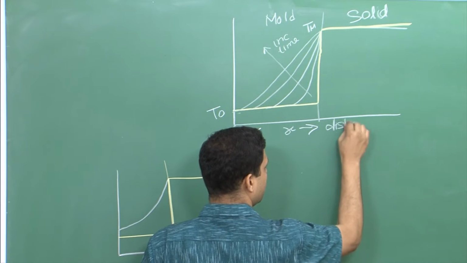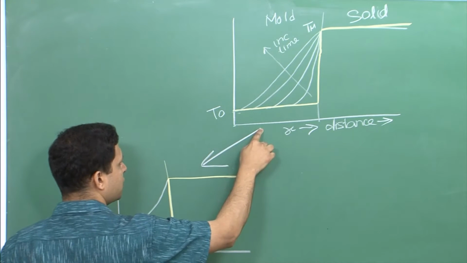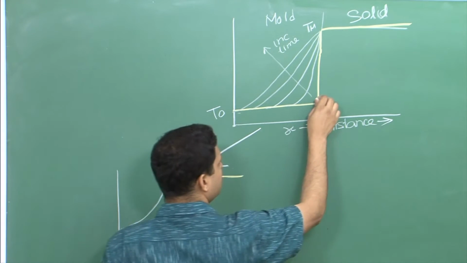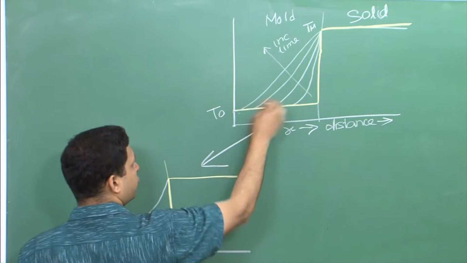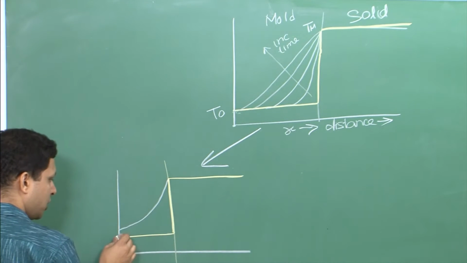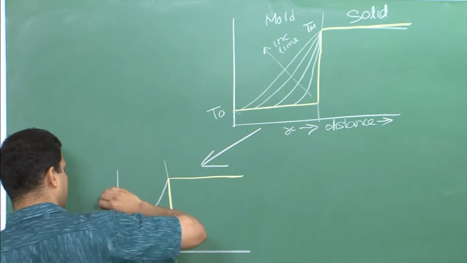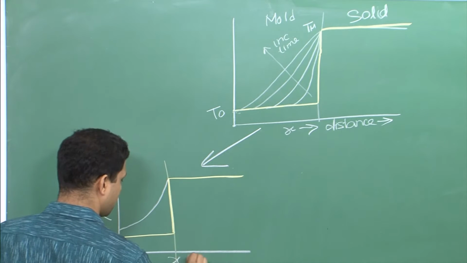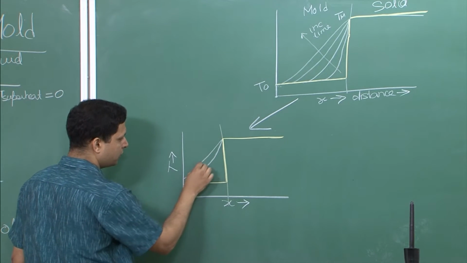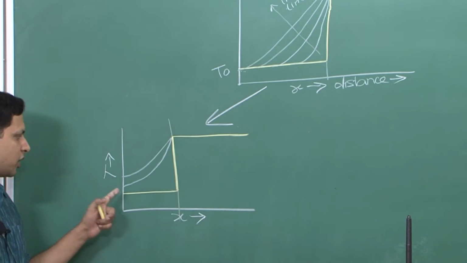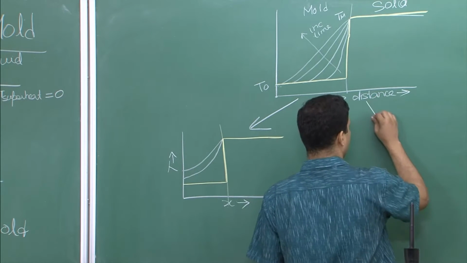I am sorry that I did not label it earlier, but you must remember that this is distance. So this is the outside of the mold, this is the solid-mold interface. Now at the outside of the mold, so far we have T0, but beyond a certain time, again we are increasing time this way, and this is T, this is X. Beyond a certain time the profile may become like this, meaning the temperature of the outside of the mold has also increased beyond T0. Other case, what can it be?